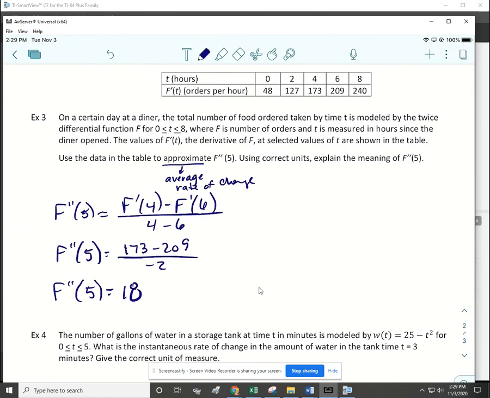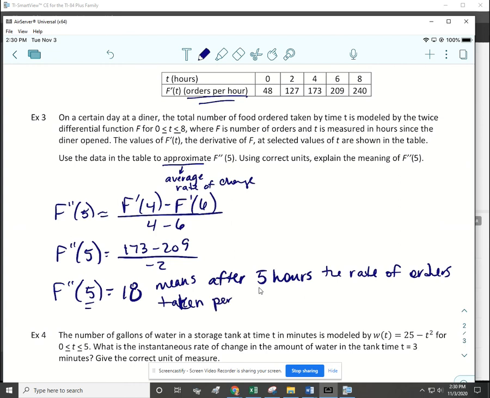All right, and then we need to write down what that means. Okay, so that means that at 5 hours, the rate of change, or the rate of orders taken per hour, is increasing by 18 orders per hour per hour.